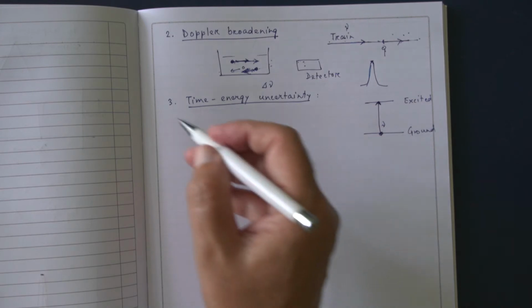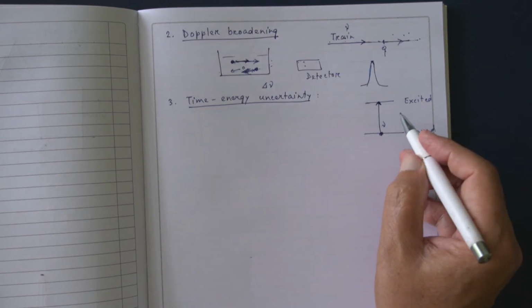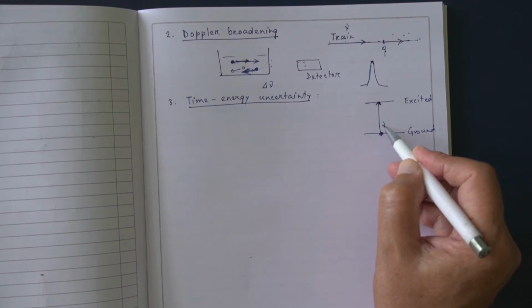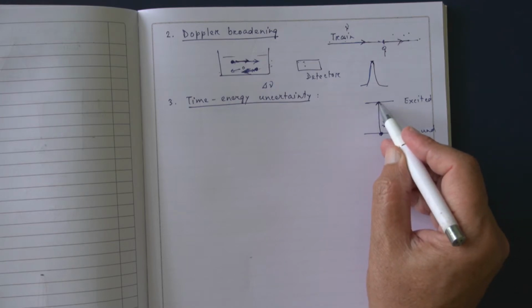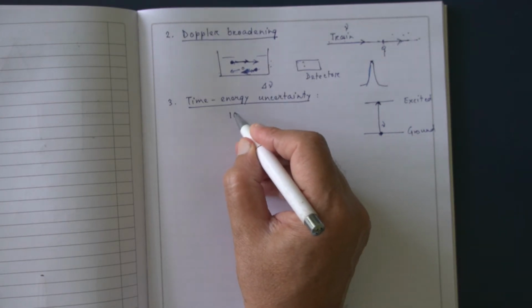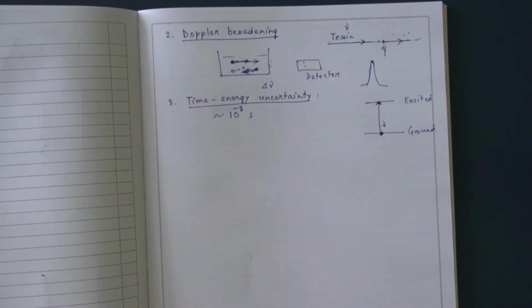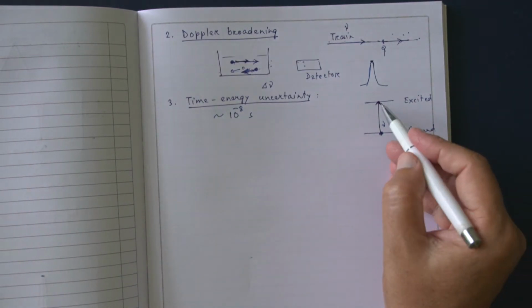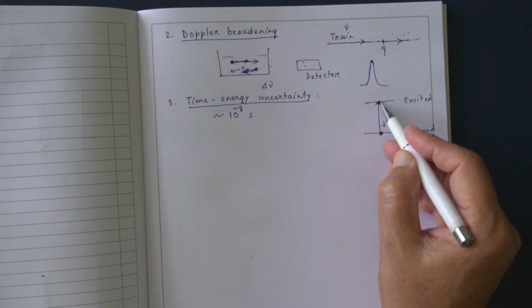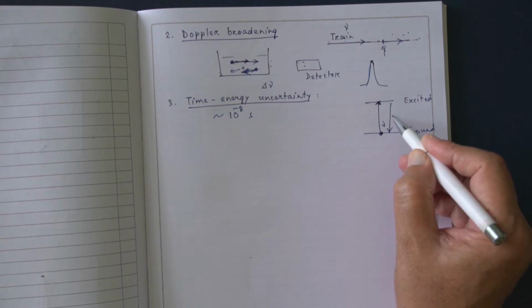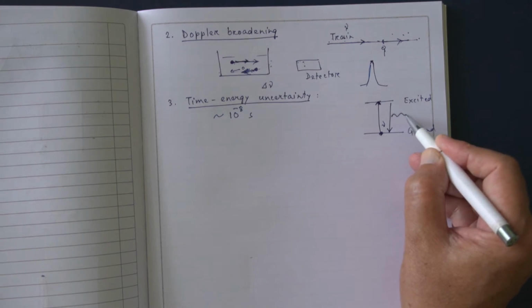In the case of electronic transitions, suppose the electron was in the ground state. The electron absorbs radiation and comes to the excited state. In the excited state, the electron will be there for nearly 10 to the power minus 8 seconds. Then it will come back, and when it comes back, it emits the radiation.